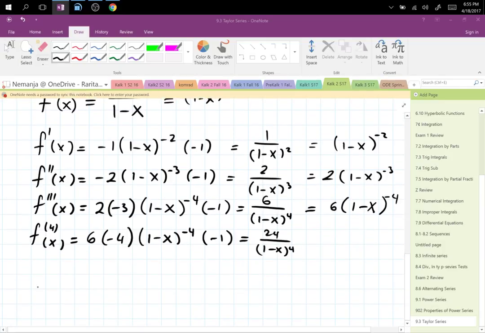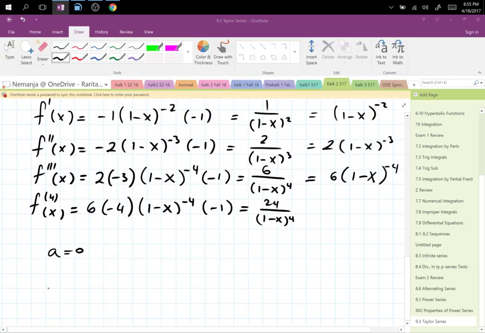So the expansion that we get, since we are expanding around 0, a equals 0, Maclaurin series, we are going to say 1 over 1 minus x is approximated by, because we are cutting it off, there will be no plus and then dots.